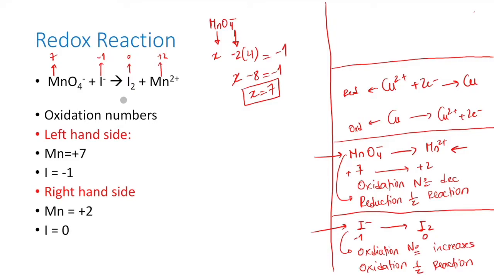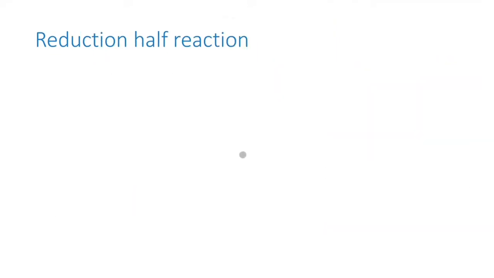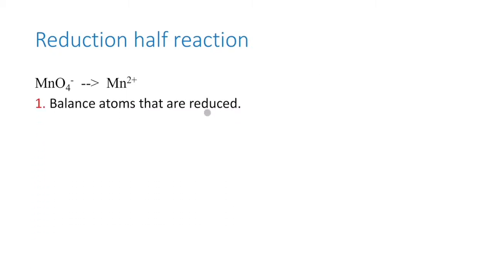Okay, so let's proceed. So the first, the reduction half reaction, as I've mentioned, here the oxidation number decreases, which means that it undergoes reduction. In the reduction half reaction, MnO4 minus is becoming Mn2 plus. The first thing we need to balance is the atoms that are being reduced. What do we mean by the atoms that are being reduced?